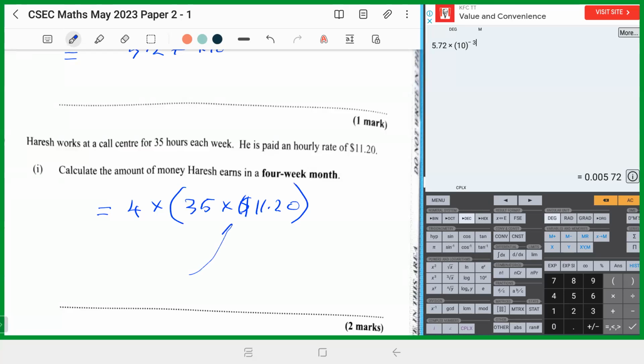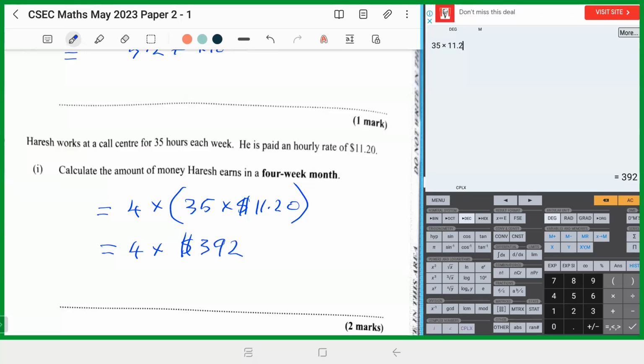Now I want to see what the weekly pay is because I might need it for a subsequent question. So I'm going to work this out by itself. All right, so it's going to be 35 times 11.2, and that is $392. So this becomes 4 times 392.